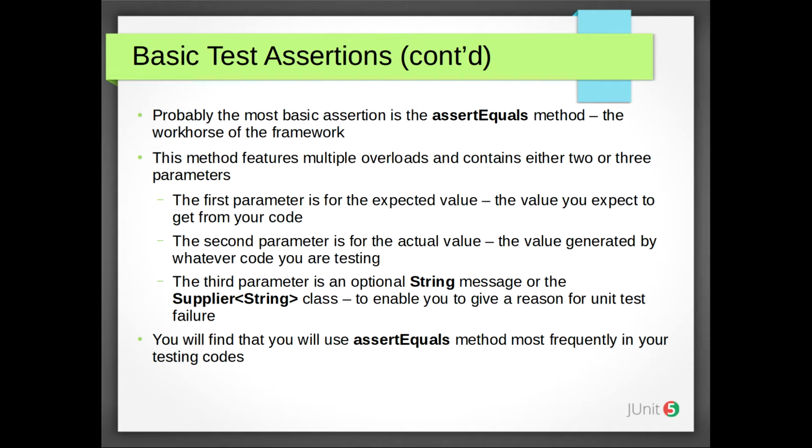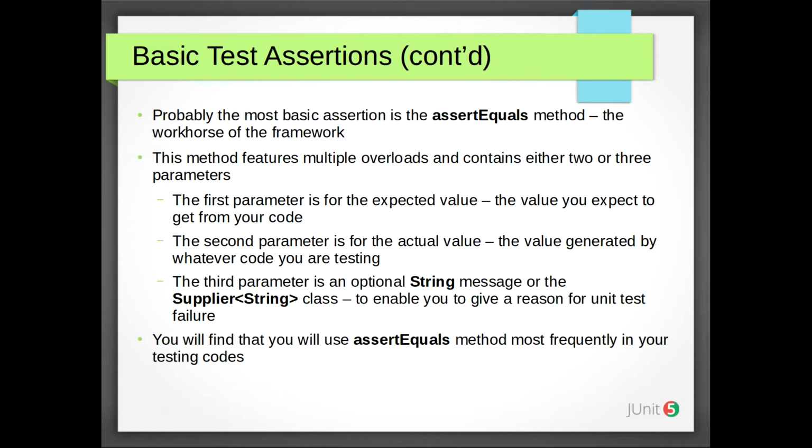So probably the most basic assertion is the assertEquals method, the workhorse of the JUnit framework. This method features multiple overloads and contains either 2 or 3 parameters. And on the next slide I will provide a sorted sample of those overloads. So the first parameter is for the expected value, the value you would expect to get from your code if everything ran well.